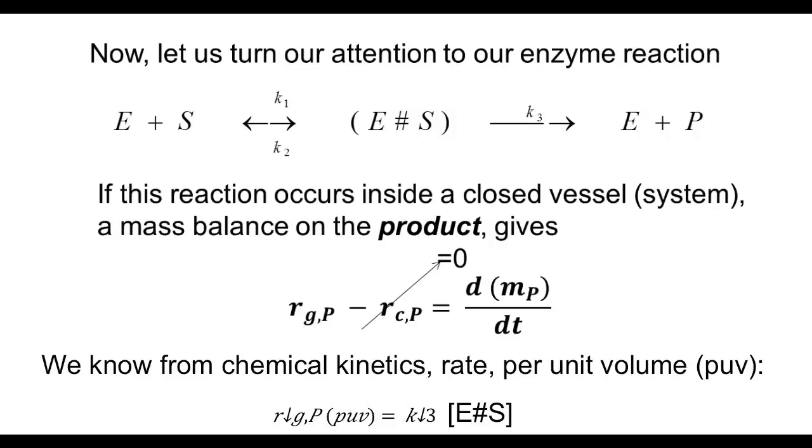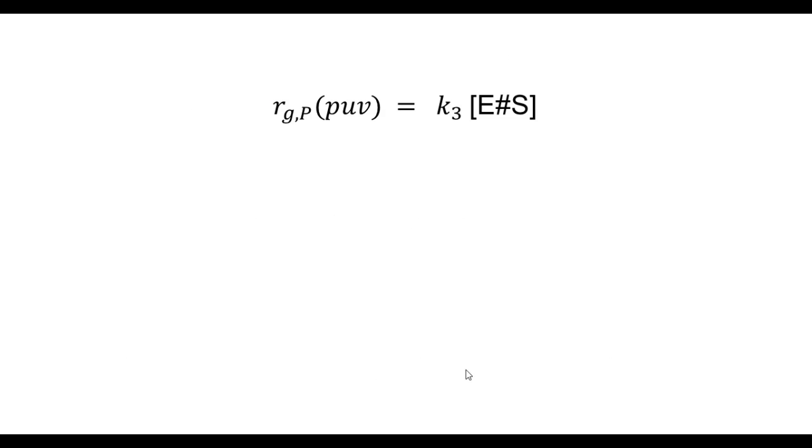This is mass per volume per time. This is what you'd have learnt in your higher secondary school. The rate on a per unit volume basis is K3 into the concentration of the enzyme substrate complex, a first order kind of a thing there. That was the earlier equation.